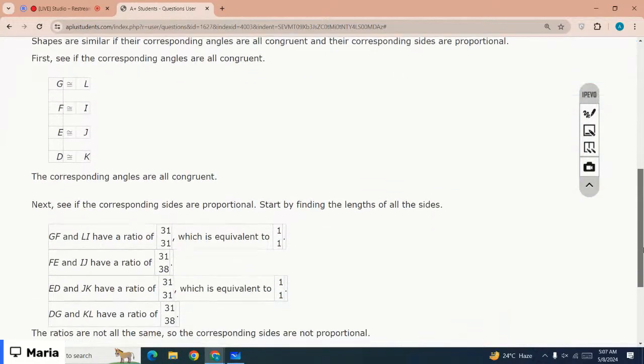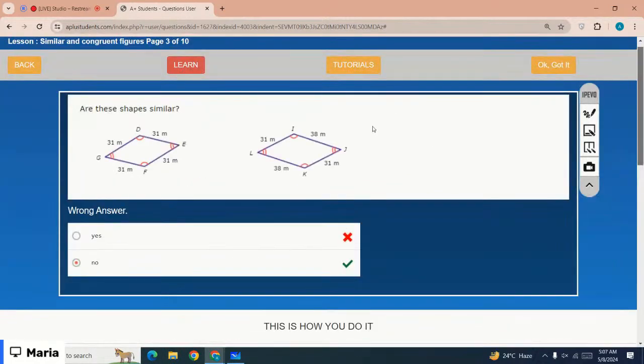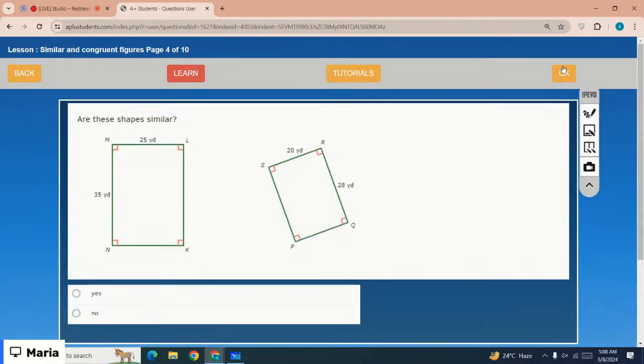Oh, their side ratio is not the same, right? Because you have 38 here. So 31 over 38, not all the side lengths have exactly the same ratio. Because they have different side lengths, the correct option is no, sorry. Are these shapes similar?